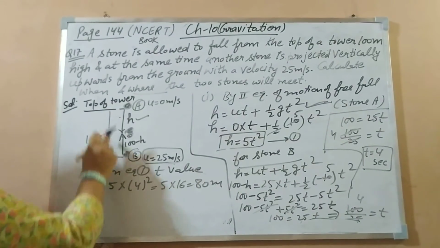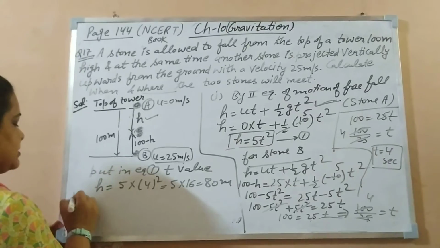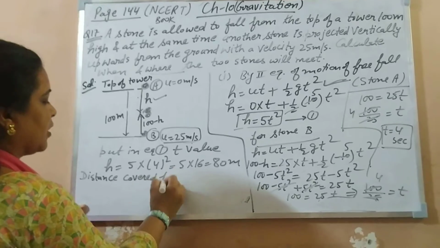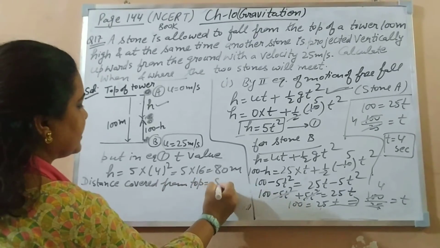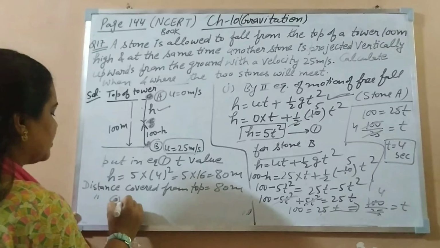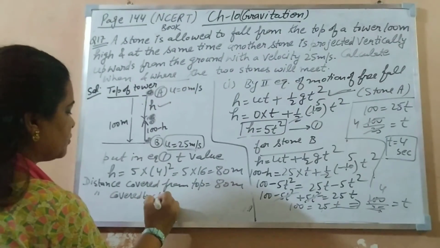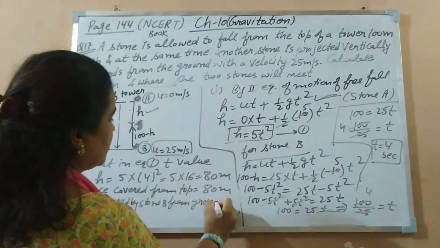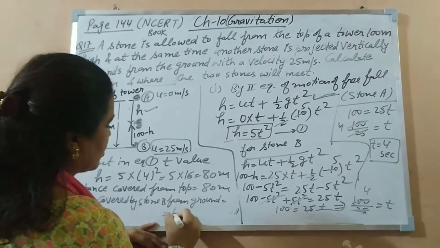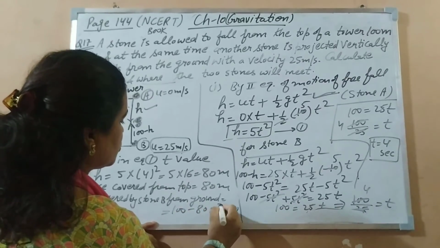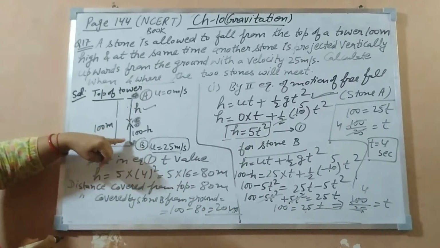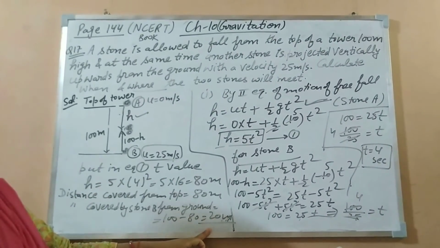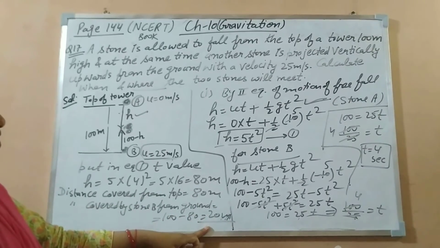And the distance covered by stone B from the ground is 100 minus h, so 100 minus 80 is equal to 20 meter. From the ground it covers 20 meter, and from the top it covers 80. 80 plus 20 is 100 meter, so your answer is also verified.